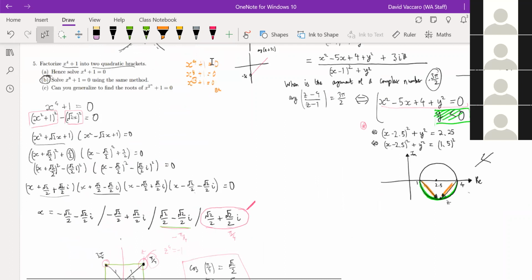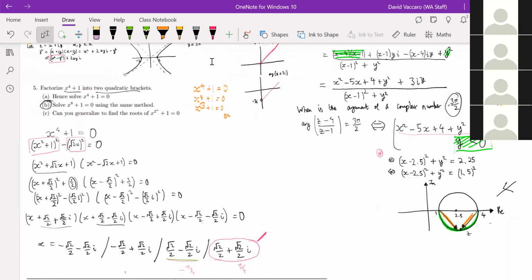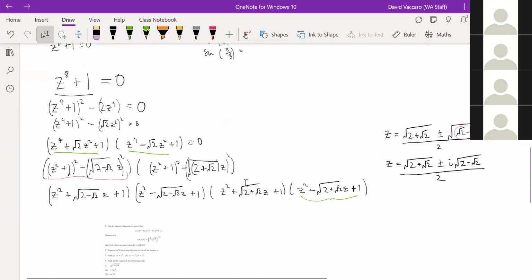What I'll leave as a challenge, because I want to look at some of the later questions, is to generalize to find the roots of x to the 16 plus 1, then x to the 32 plus 1, and so forth. What do you get the feeling that the roots are going to start looking like?